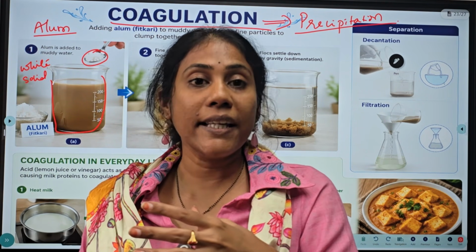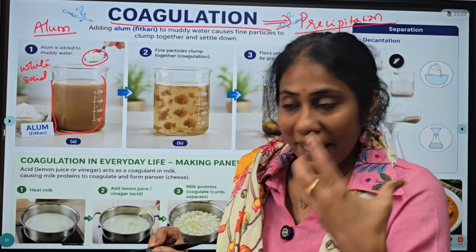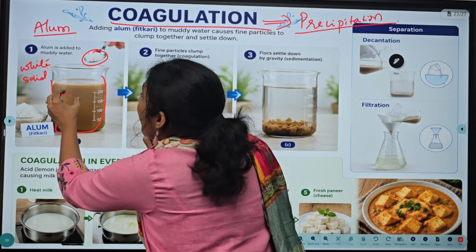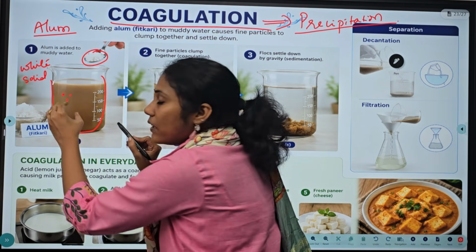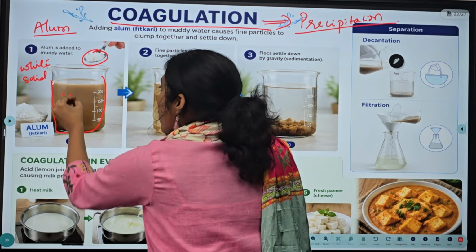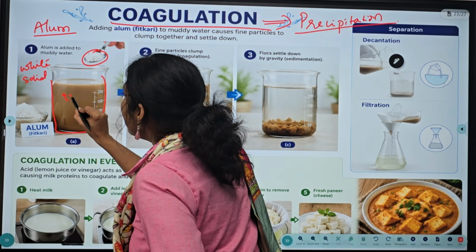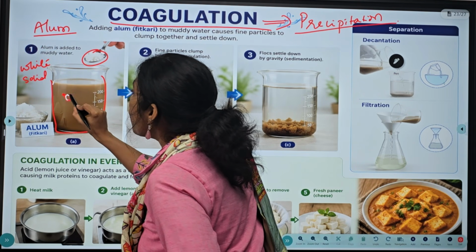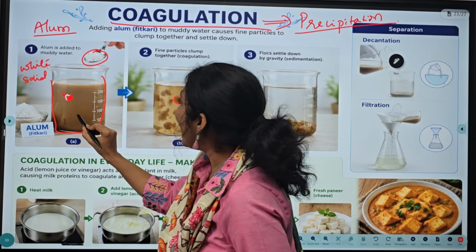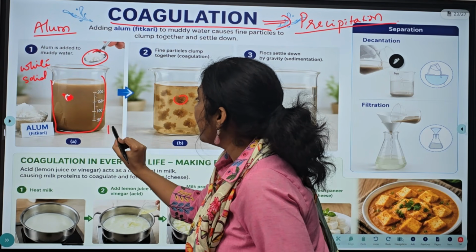It makes the dispersion phase particles combine with each other to form a clot. Once all the dispersion particles combine and form a clot, see here, the moment you add alum, what has happened?